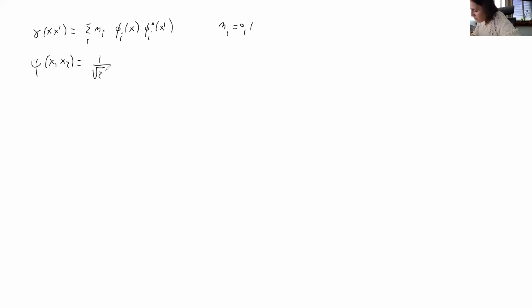So this is equal to 1 over square root of 2 factorial, and then I write phi 1 of x1, phi 2 of x2, and so on. Okay, this is equal to this.